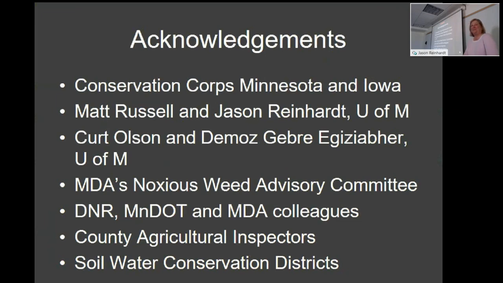So the last question I have is from Cloquet. The question is, what is the current regulatory status of Japanese knotweed in Minnesota? Currently it's a specially regulated plant. At the point of sale, there needs to be a label with the plant saying do not plant in riparian areas, and there's a definition of riparian areas.